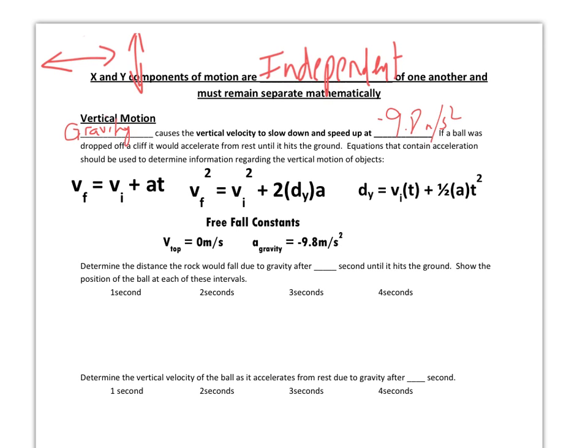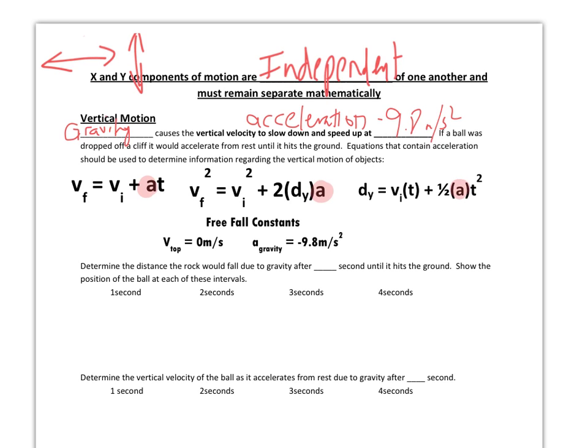Recognizing that gravity is a cause and that gravity is an acceleration, then when it comes to doing calculations, the calculations that we are going to use are always going to include acceleration when dealing with that vertical component.